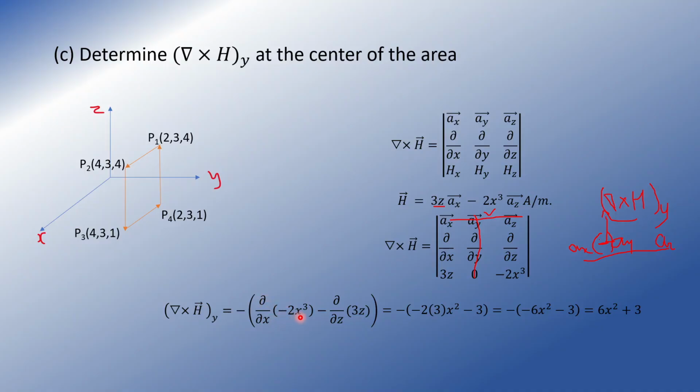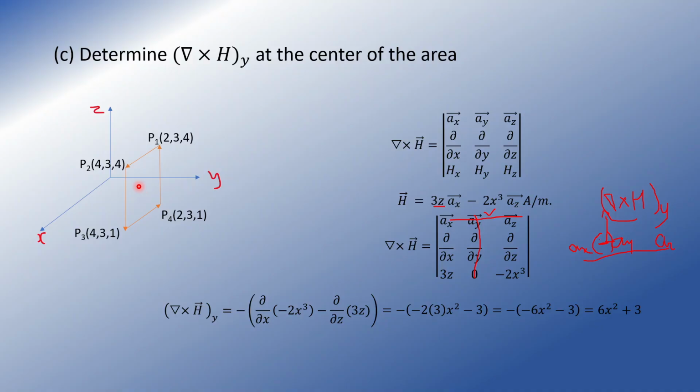Minus 2x cube differentiated with respect to x will be 3x square multiplied by minus 2, and 3z differentiated with respect to z will be 3. So the entire equation will be, 3 twos are 6, and with the minus, 6x square plus 3 will be the simplified equation. Now this is the equation for curl of H of y at the center, but we want the value. So we have to substitute the value of x at the center.